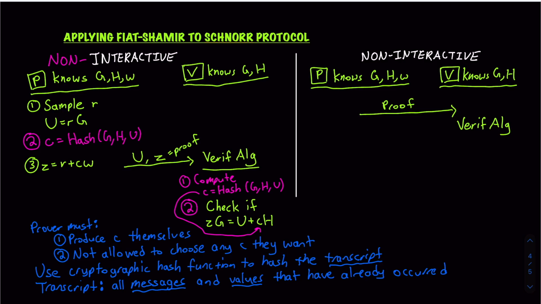But in this video series, we want to go further. We want to be able to prove arbitrarily complex computations. To do that, we'll need interactive proof systems where many messages are exchanged back and forth between the prover and the verifier. So the natural question becomes, how do we use Fiat-Shamir to turn these more complex, multi-message interactive proofs into non-interactive ones?